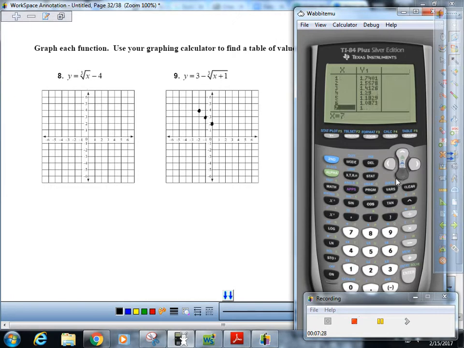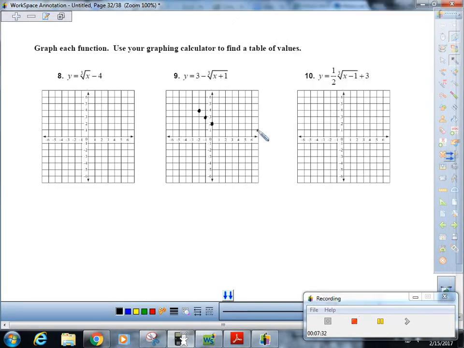There's one. 7, 1. Okay? So, by looking at our graphing calculator, now we've just got some actual points identified on there. And that's it. It'll be a pretty easy day for you. Okay? Boom!